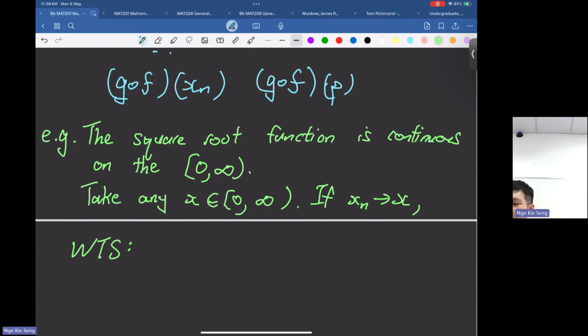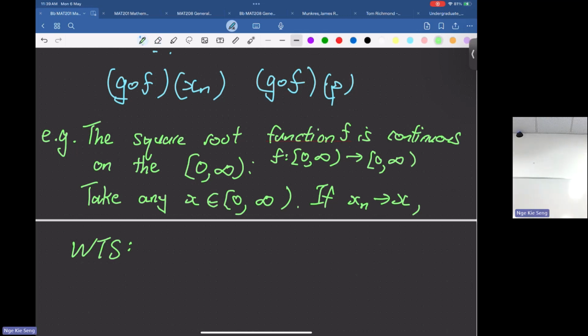the square root function. So how do we write down this square root function? What do I mean by square root function here? This f is defined from 0 to infinity to, what do you get from this number? Also from 0 to infinity, right?